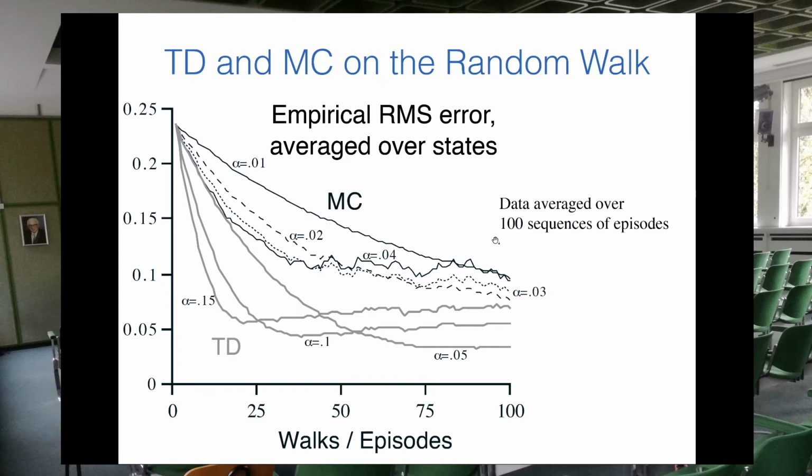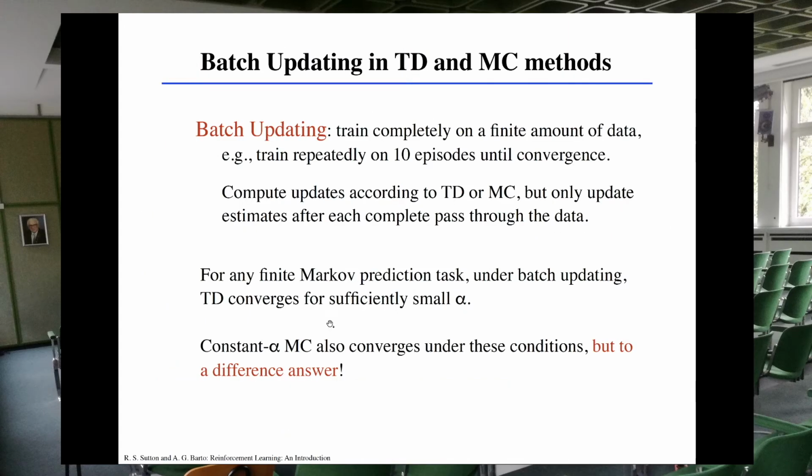This plot was generated after 100 sequences of episodes. Okay, so in this experiment we can see that the results of both methods are different. And even using the same algorithm, like TD, by changing alpha, you can get different results.